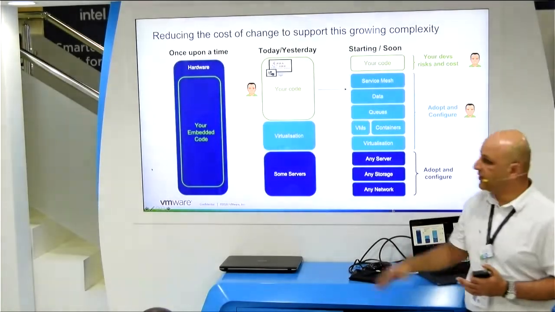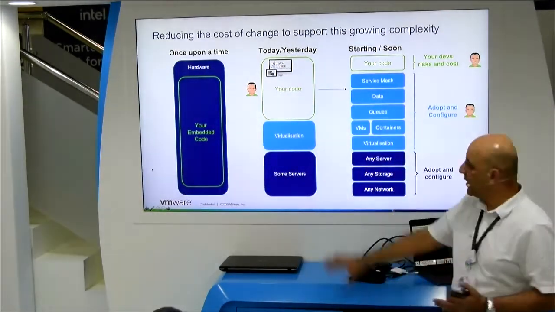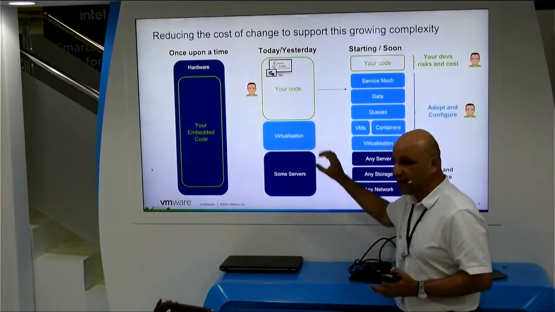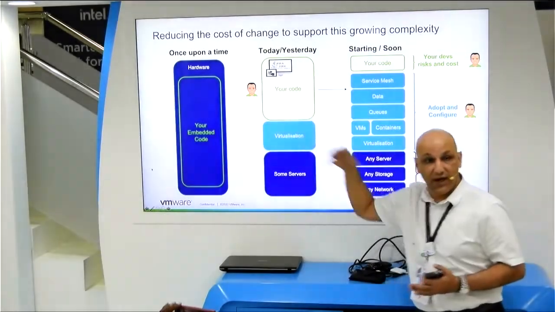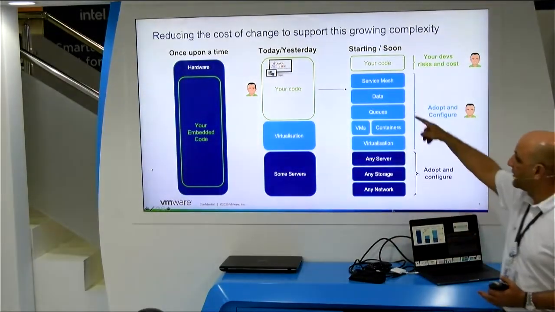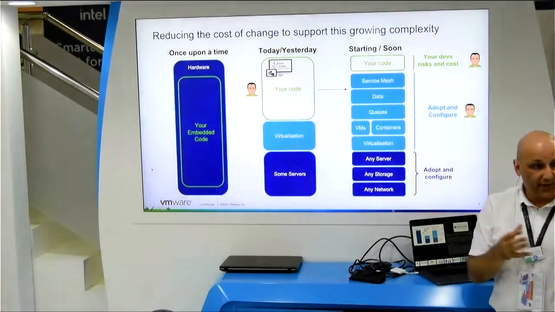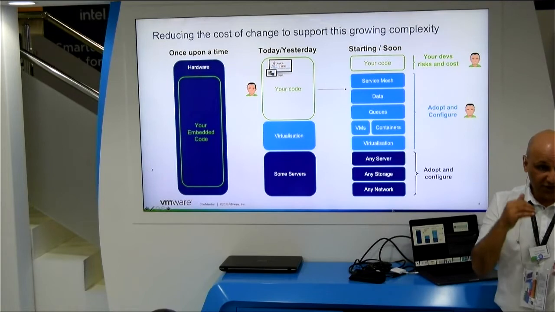In the past, this is what an architecture looked like. It was embedded within the mainframes. We moved to a client server model where you had some sort of virtualization and you had your application code. However, the developers, the people building the software, were spending a lot of time providing the infrastructure for the application itself, all the components. This is changing very fast now.